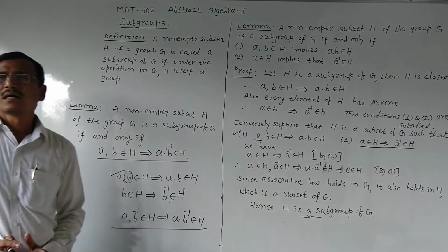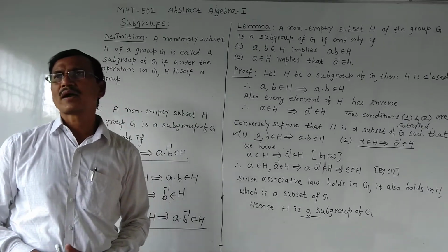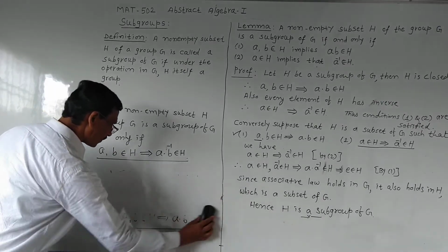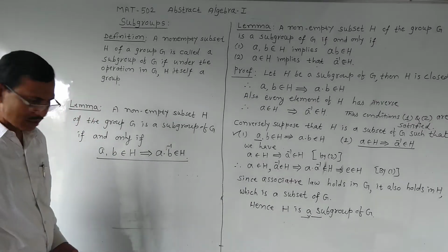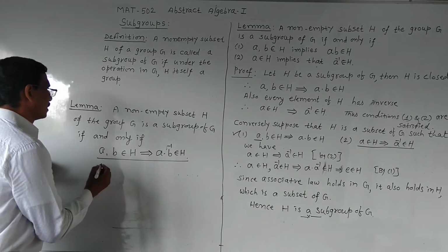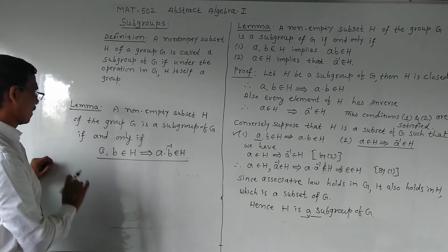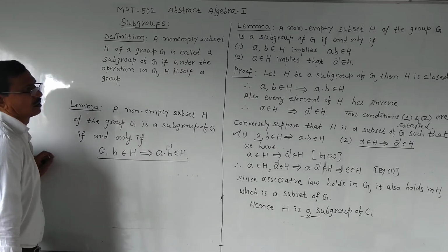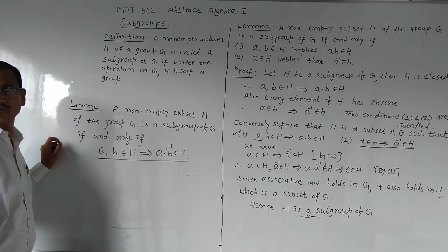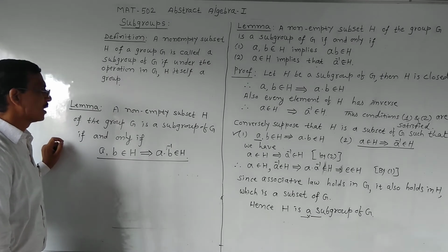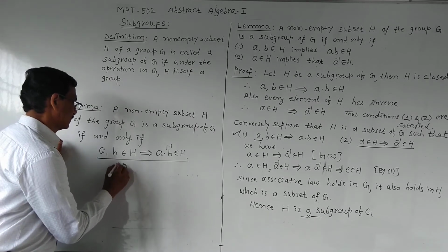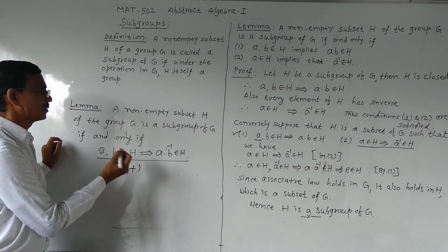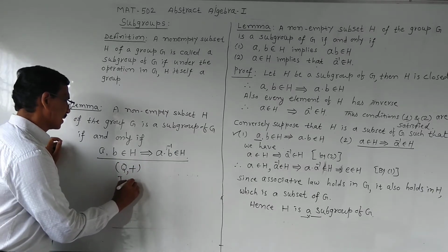But again, remember that here dot is a binary operation. That means if you consider the group of rational numbers Q plus, and H means we shall consider I plus.